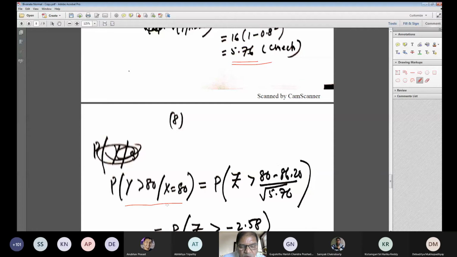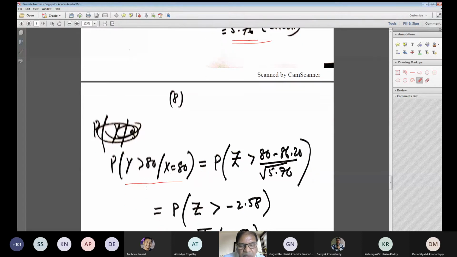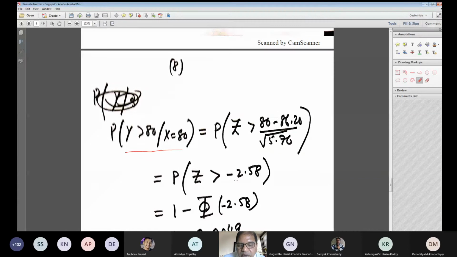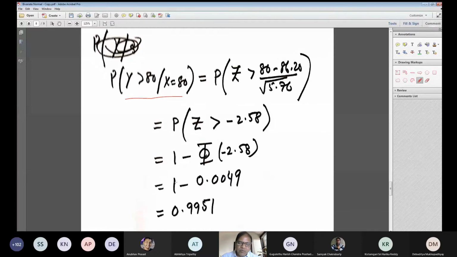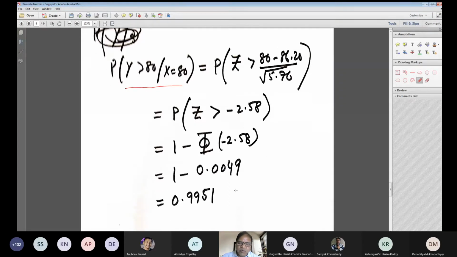Then this probability we can convert into the standard normal: 80 minus 86.20 over the square root of 5.76. So the probability that z is greater than minus 2.58, and this value you can see from the table. So it is 1 minus 0.0049, which is 0.55.